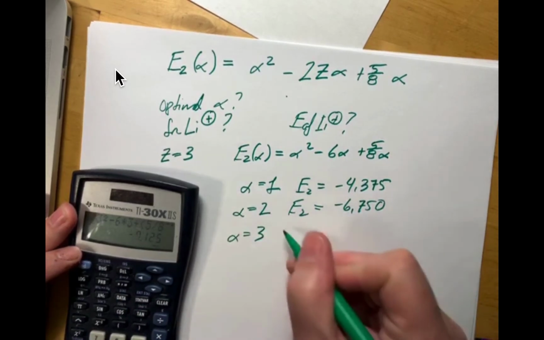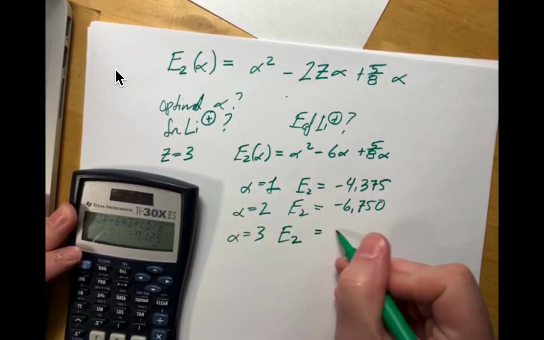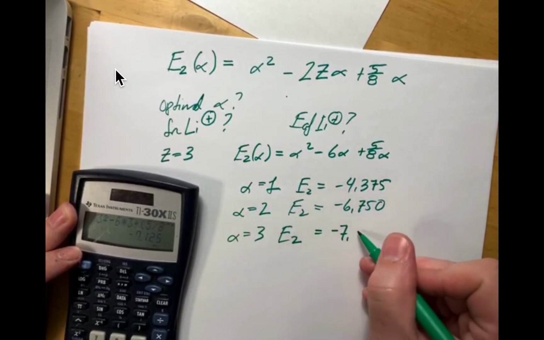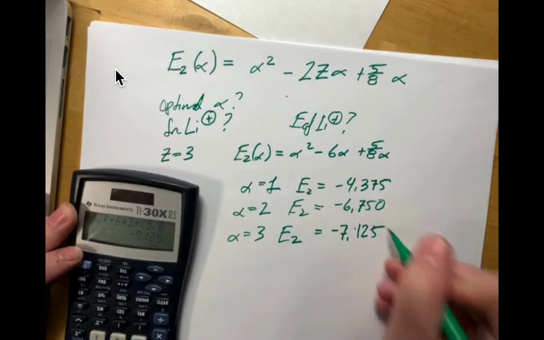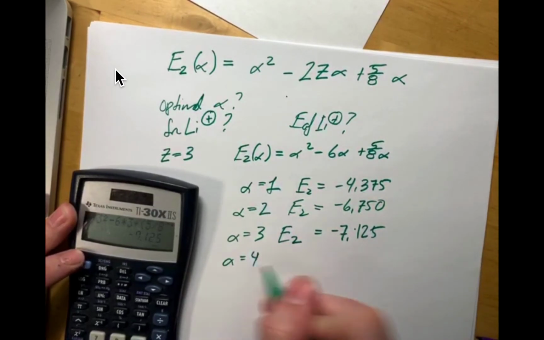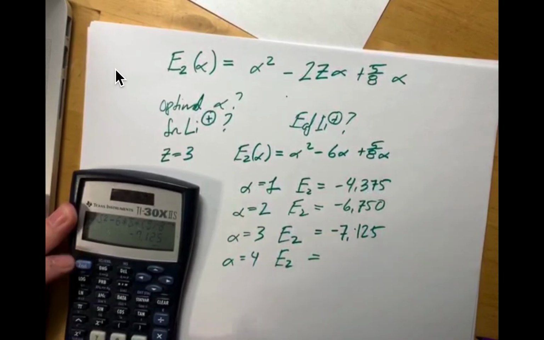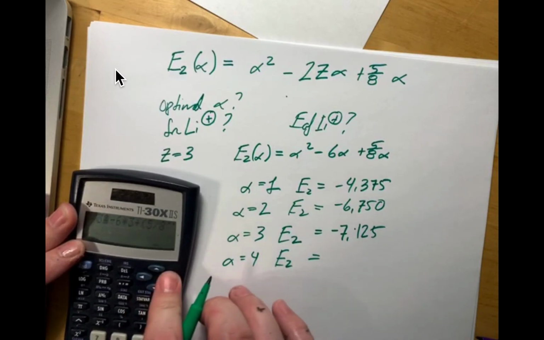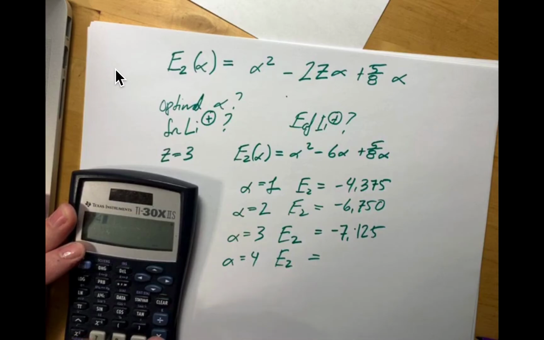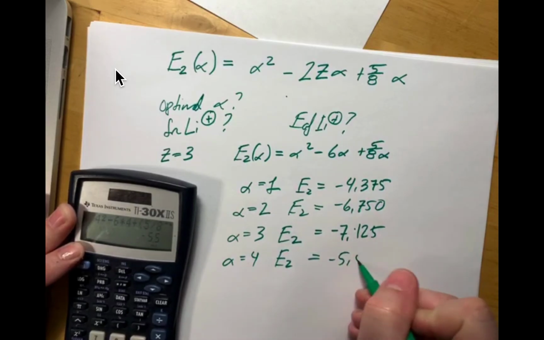Alpha 3, E2 minus 7.125. Alpha 4: 4 squared minus 6 times 4 plus 5/8 times 4, minus 5.5.